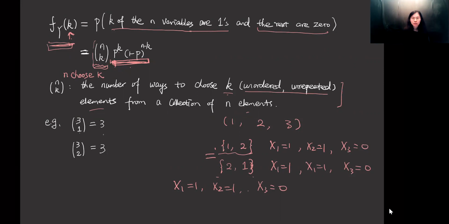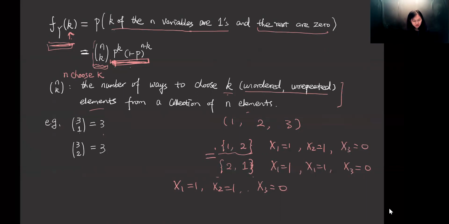What about 3 choose 2? 3 choose 2 is also 3, because you can look at it in a different way. Choosing 2 from 3 elements is the same as leaving 1 out from the 3 elements. Well, you can leave out 1, you can leave out 2, and you can leave out 3. These are the only 3 possibilities of leaving 1 out or choosing 2. So 3 choose 2 is also 3.